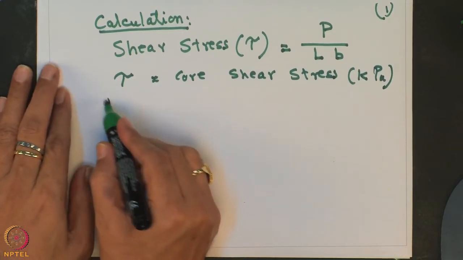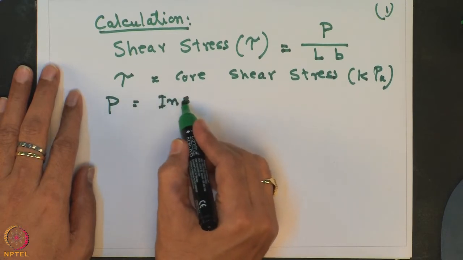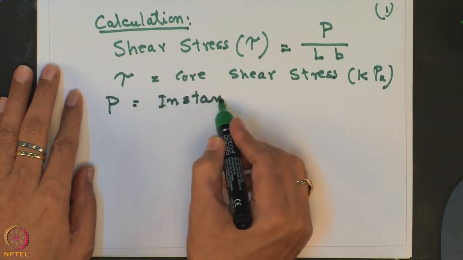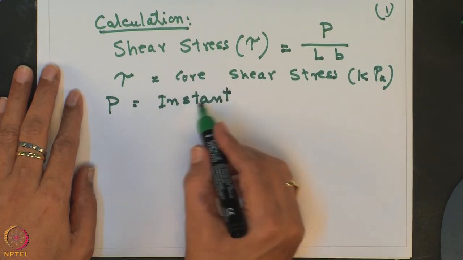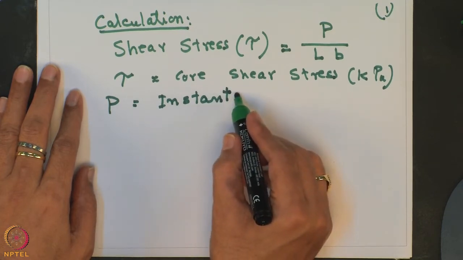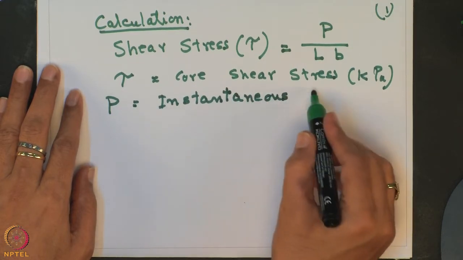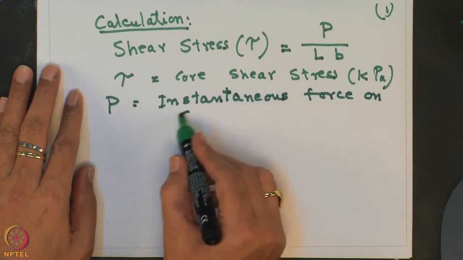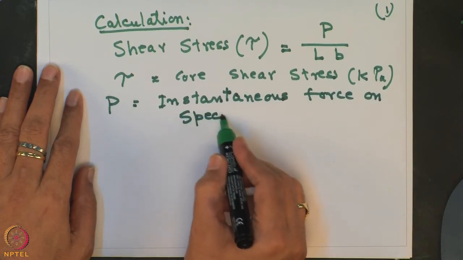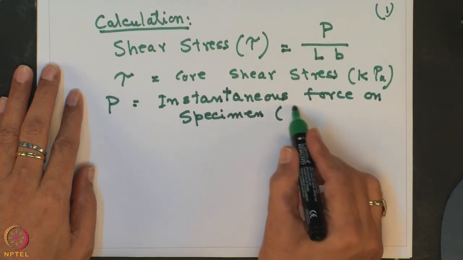And P is the instantaneous force on the specimen, and the unit is Newton.